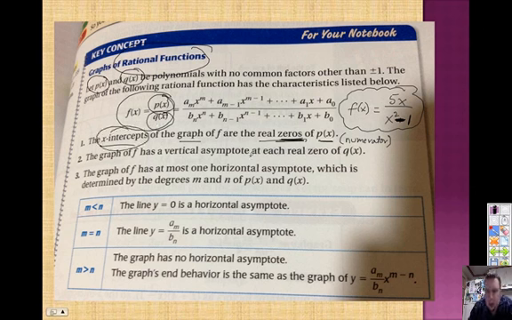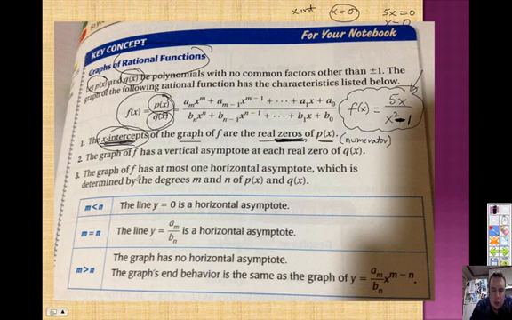So what is the zero of that numerator? All you have to do is set the numerator equal to 0. So 5x equals 0, divide by 5 on both sides, x equals 0. X equals 0 is a zero of the numerator, which means that's an x-intercept. You just label that x-intercept.